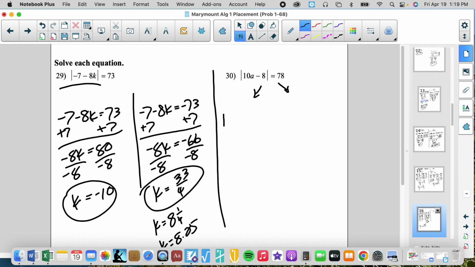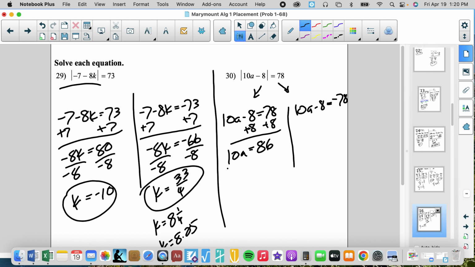It's isolated, so we get 10a minus 8 equals 78. We get 10a minus 8 equals negative 78. Add 8, add 8. 10a equals 86, divide by 10, divide by 10. A equals 43/5.